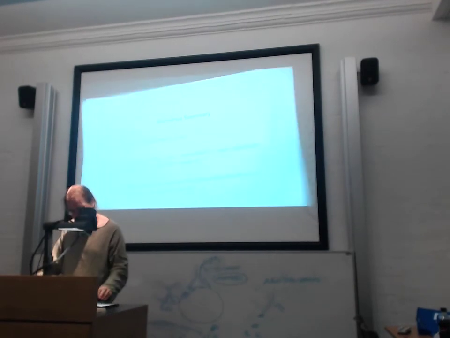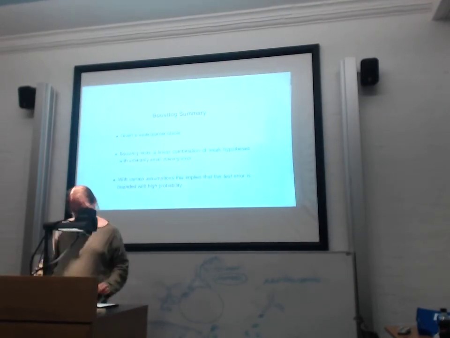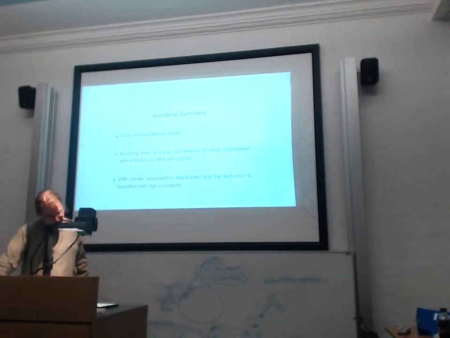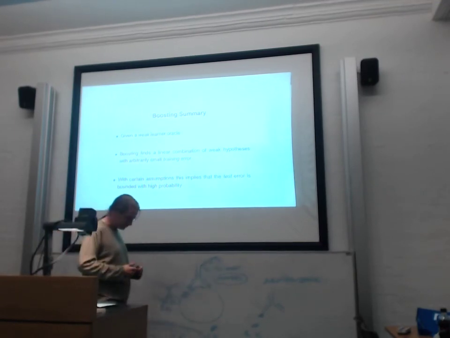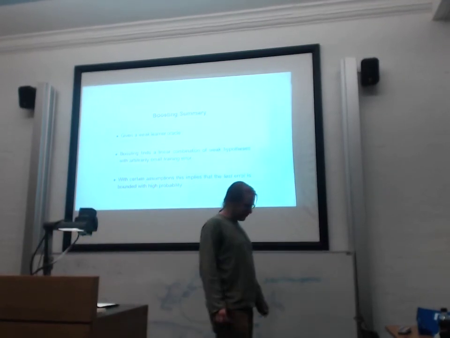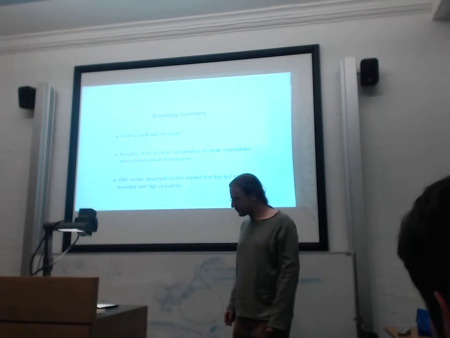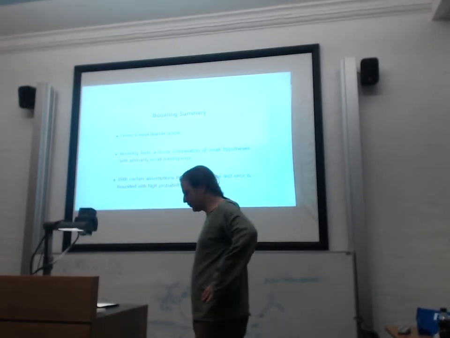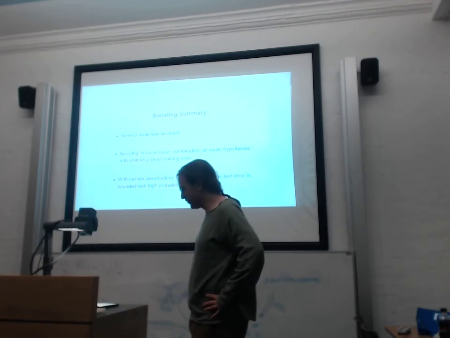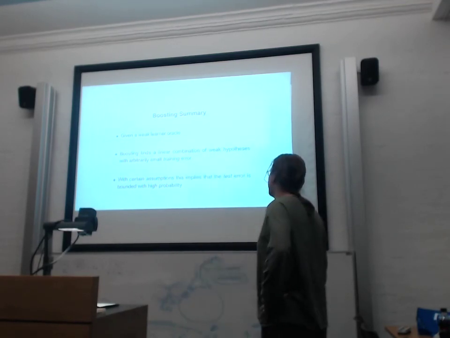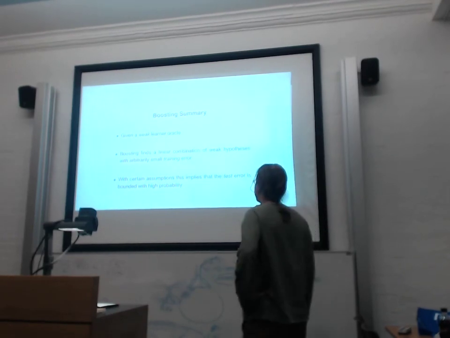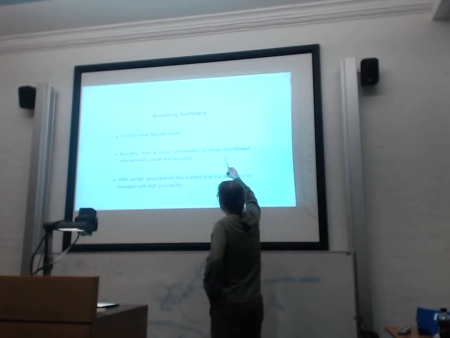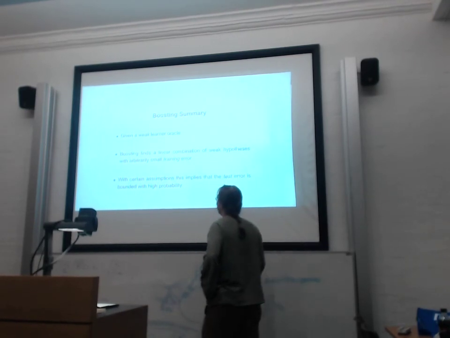Okay, so what's the summary for boosting? Given you have something that can come up with these weak learners on all the rounds of boosting, bounded away from 50% error, boosting can find a linear combination of these weak hypotheses with small training error.